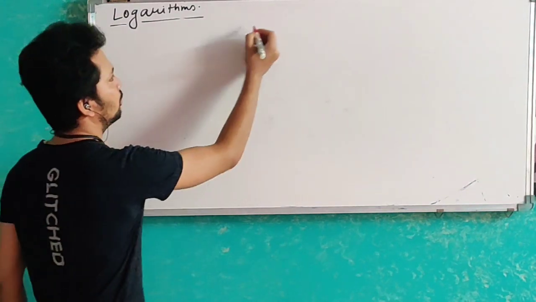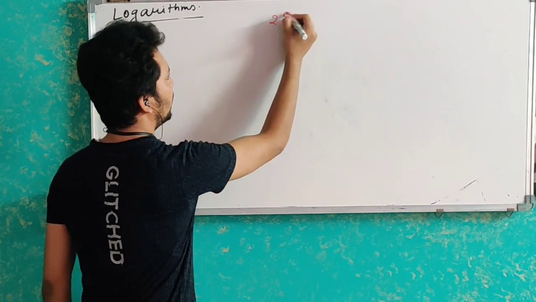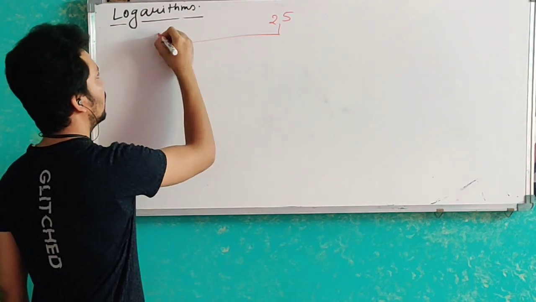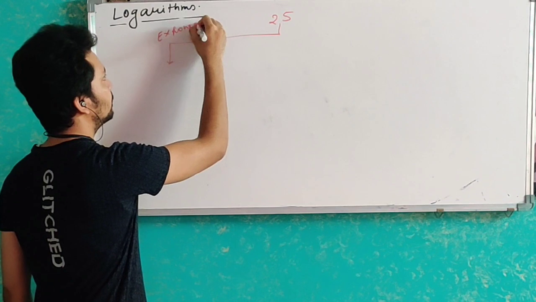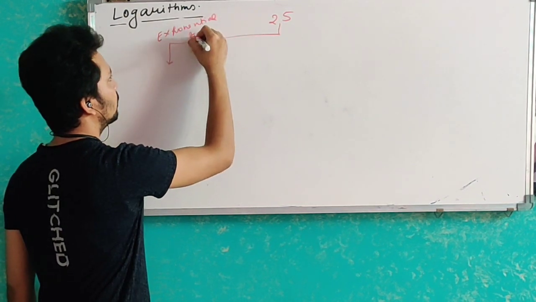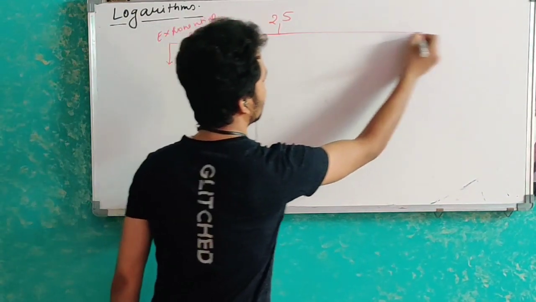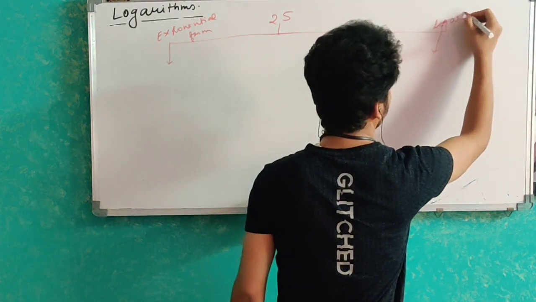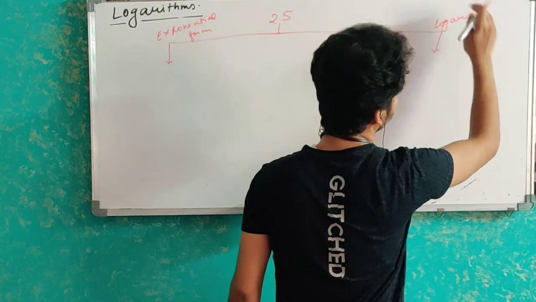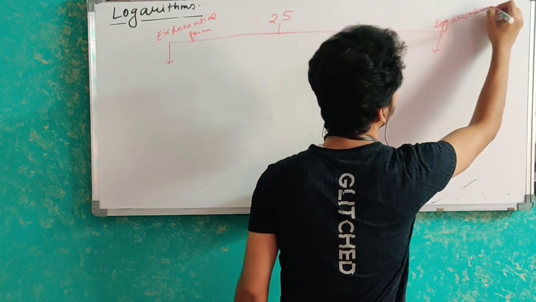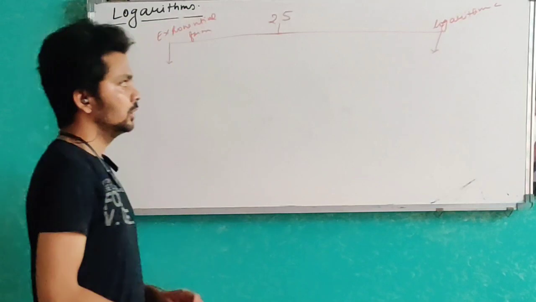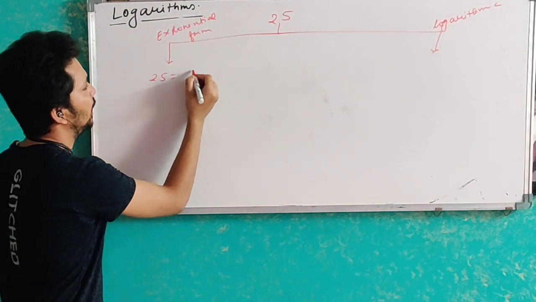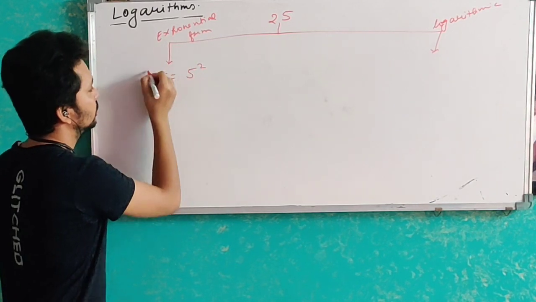Now I'll take the number 25. Here is the exponential form, and here is the logarithmic form. 25 can be written as 5 raised to 2.